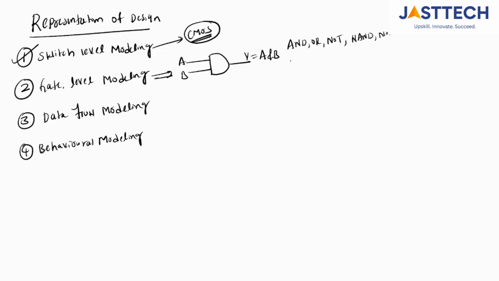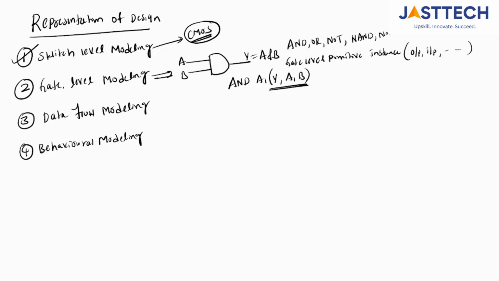The syntax is the gate level primitive, then the gate level instance, followed by the output and inputs. So for an AND gate, AND is my gate level primitive, then the instance, and then the output Y comma A comma B. Like this you need to represent.